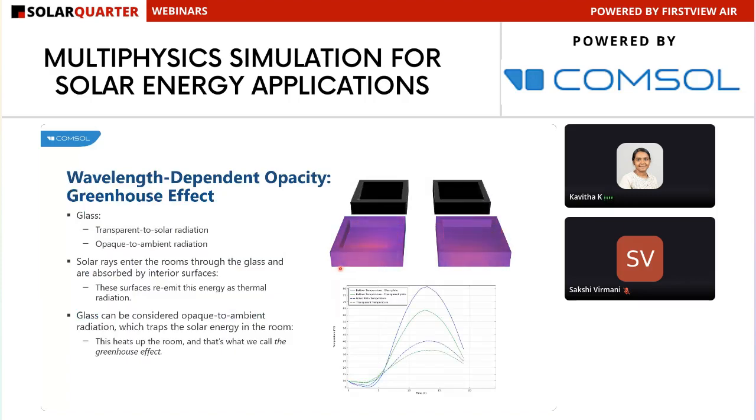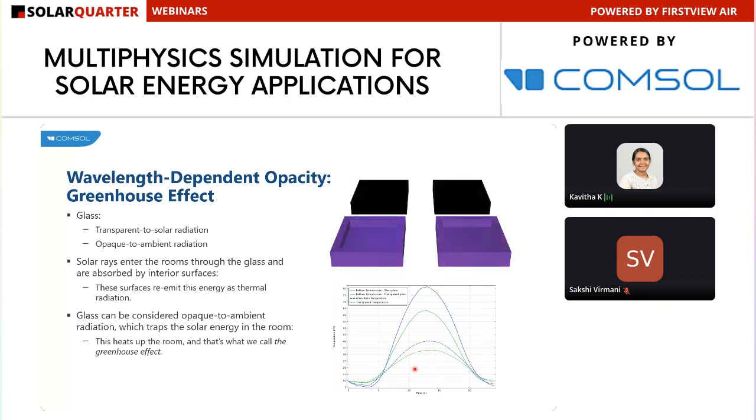Let me show you another example that is closer to a solar cooker application. This example model from the Application Gallery of COMSOL illustrates the greenhouse effect in a box covered by a plate and exposed to the sun's radiation over a day. The bottom image shows how the temperature varies in the box and the top plate throughout the day with respect to the location of the sun.